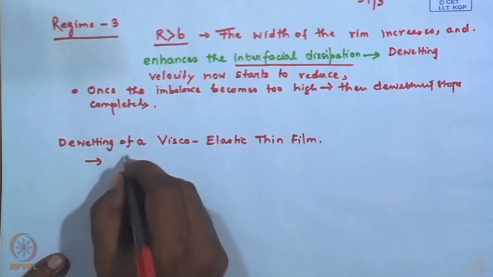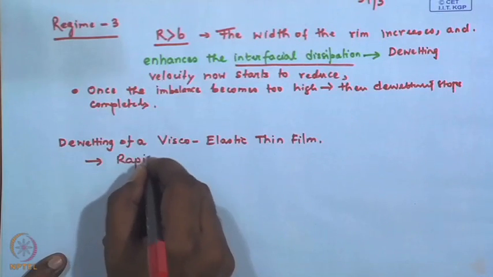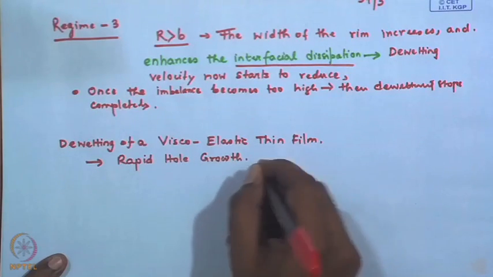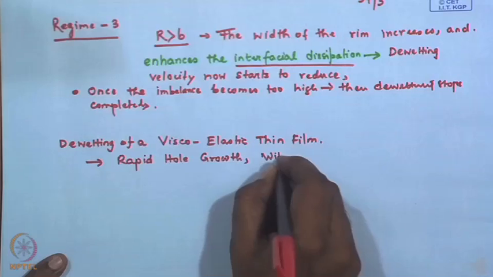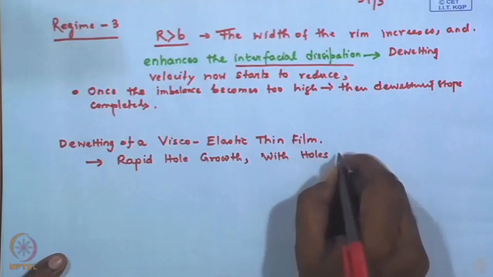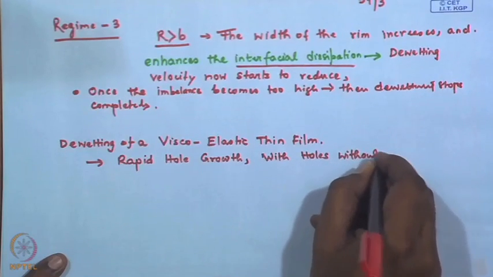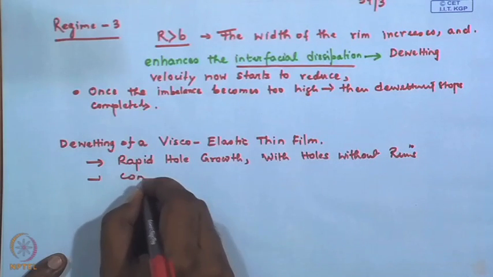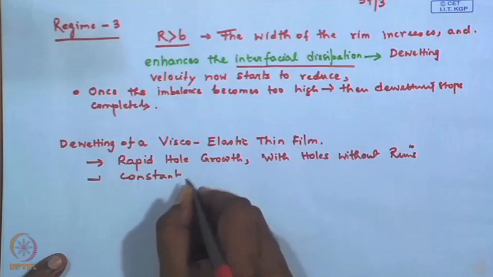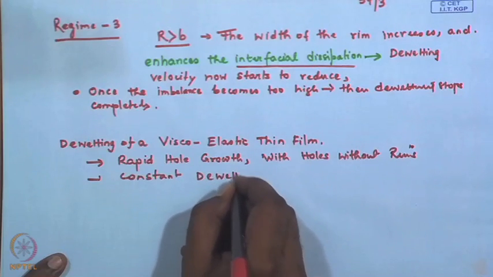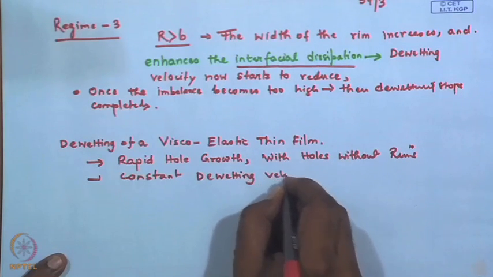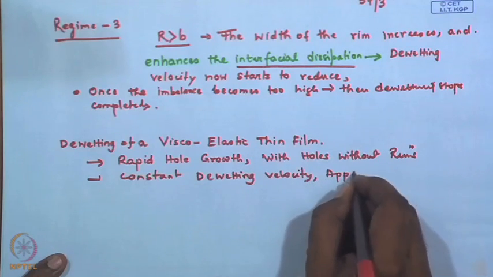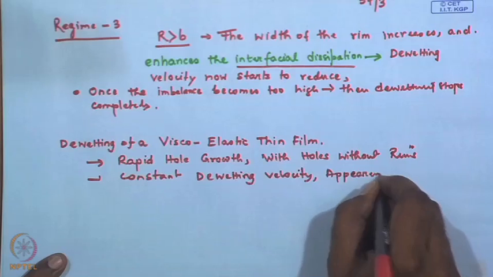First stage, with a rapid hole growth with holes without rims. Second stage, constant dewetting velocity and appearance of rims.